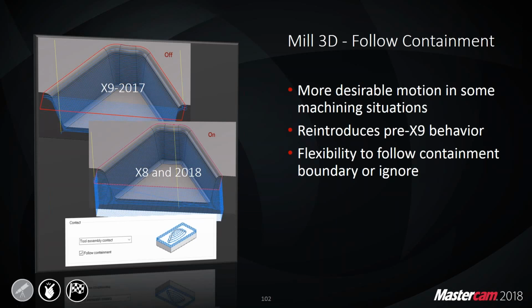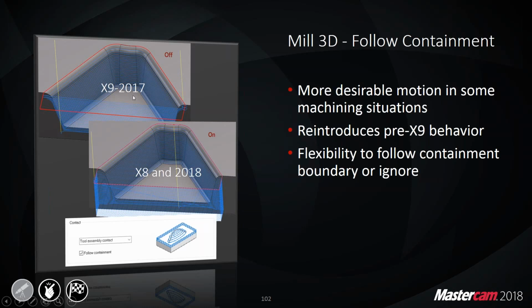Another 3D feature we added in here, and this is actually bringing back some old functionality based on customer request, is this: in X8 and prior, if you said follow containment, it took a literal approach to your containment boundary. If the containment went off the surface or the solid of the model you were trying to cut, it would go all the way off and follow that containment boundary.